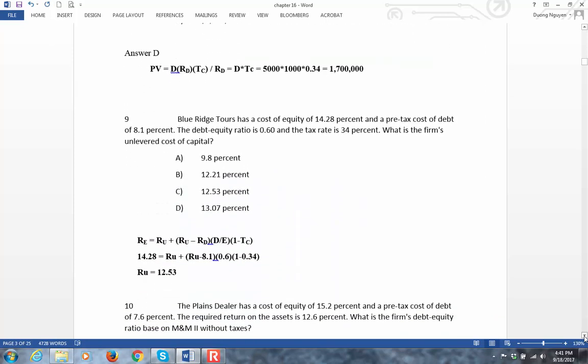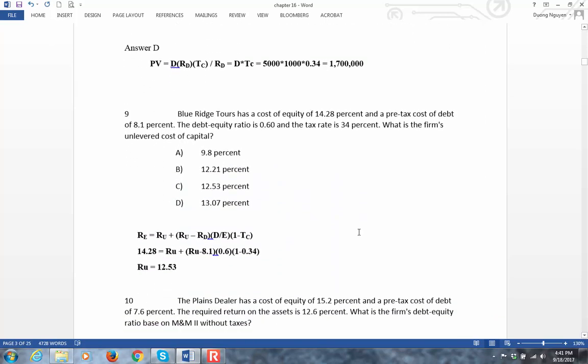Number 9. Cost of equity is 14.28%. Pre-tax cost of debt is 8.1%. Debt equity ratio is 0.6. Tax rate is 34%. What is the firm's unlevered cost of capital?